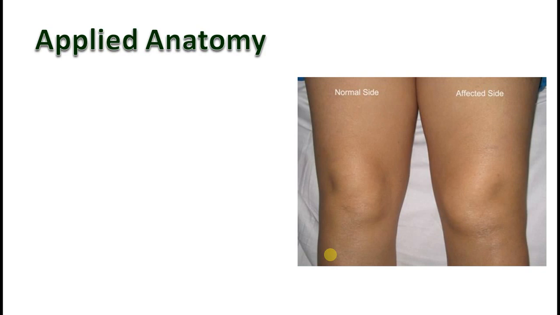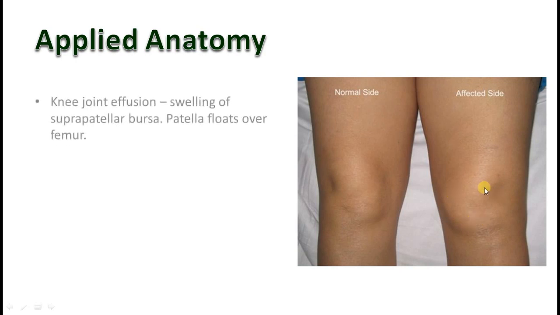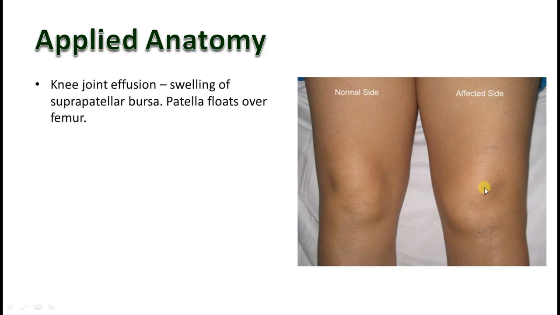So, you are able to see the affected knee side. It is swollen, mainly joint effusion. You are able to see swelling and a pain over the knee region, which is called knee joint effusion, and the patella floats over the femur. Simple knee joint effusion might also be due to inflammation of the bursa.